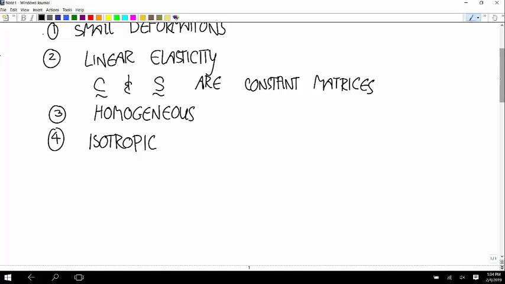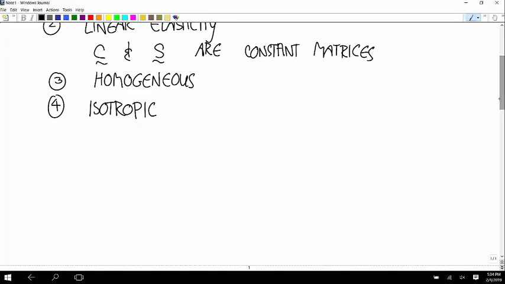And we got this form of the compliance matrix. Am I really going to write this all again? It looks like it. 1 over E, negative nu over E, negative nu over E, 0, 0, 0.